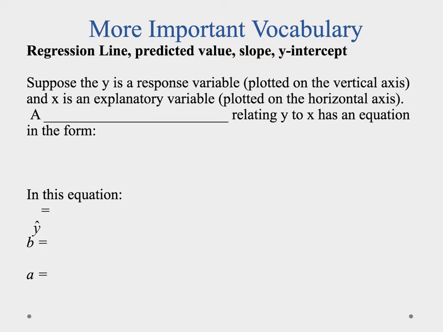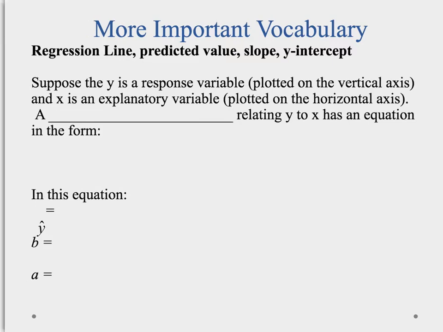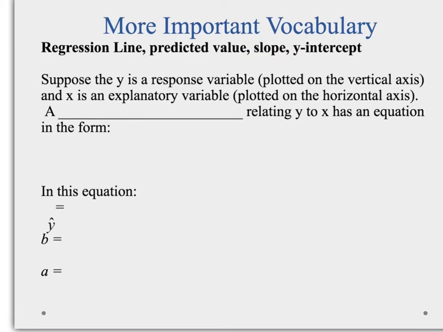All right, so here's some more important vocabulary for you. A regression line, predicted value, slope, and y-intercept. So suppose y is a response variable plotted on the vertical axis and x is an explanatory variable plotted on the horizontal axis.